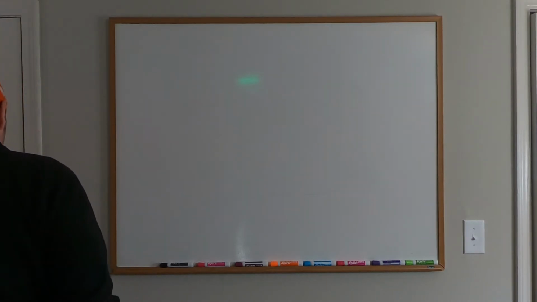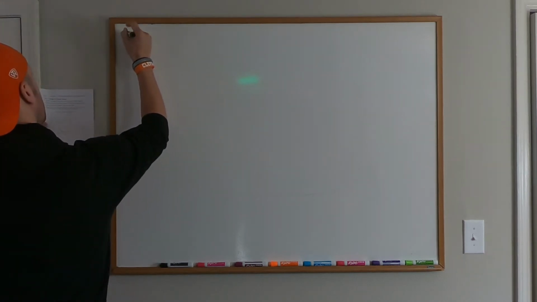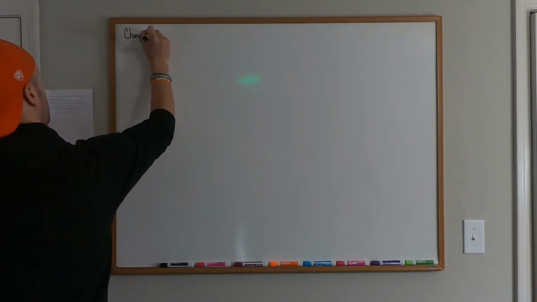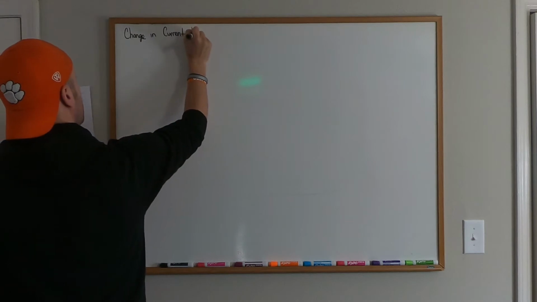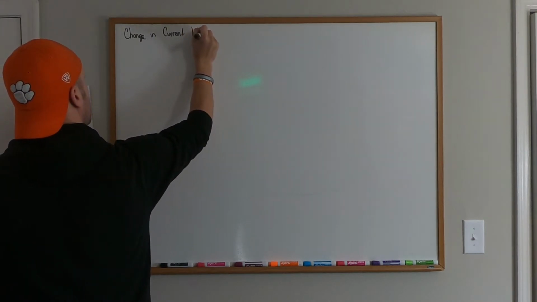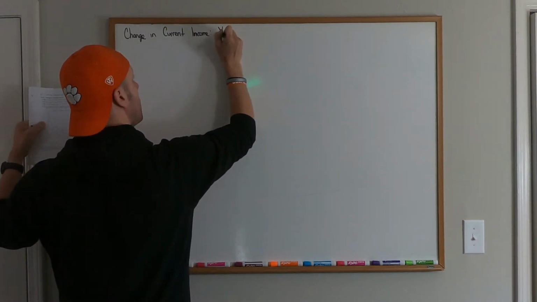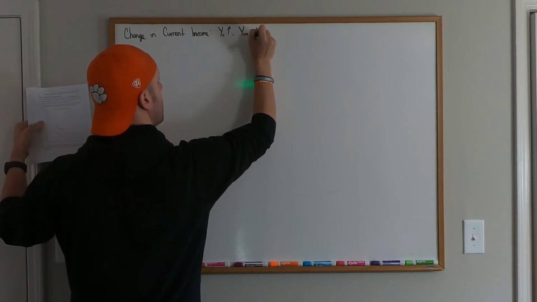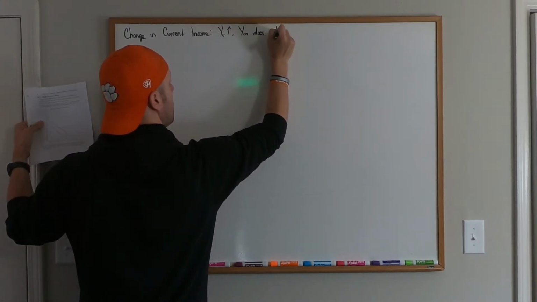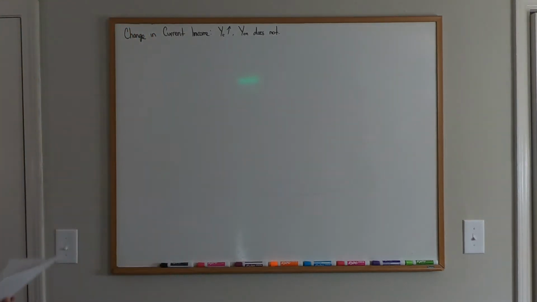Okay, so let's talk about income changes. We're going to start with the change in current income. If there's a change in current income, YT increases, YT plus 1 doesn't.